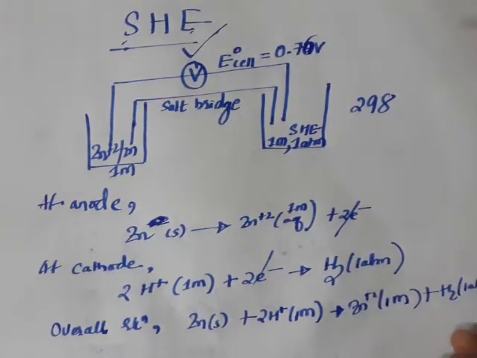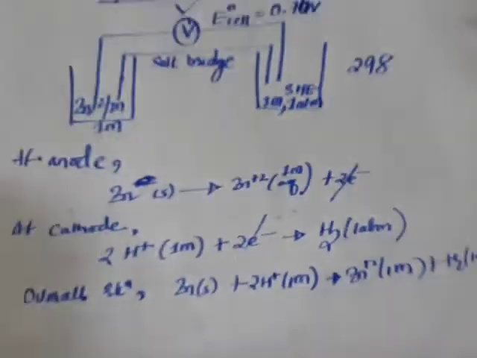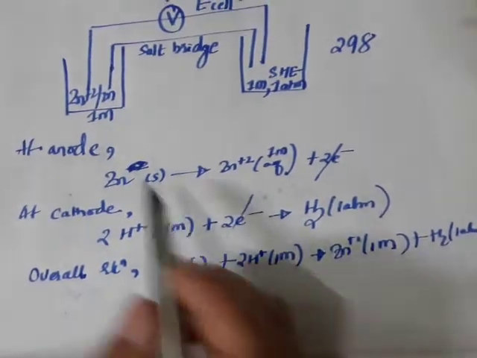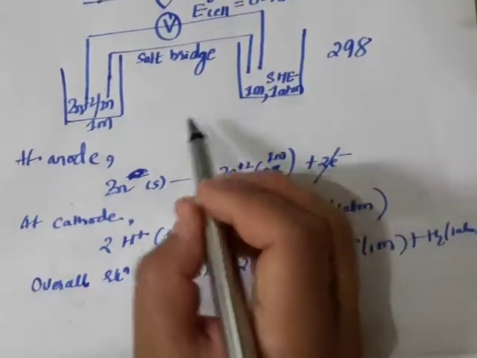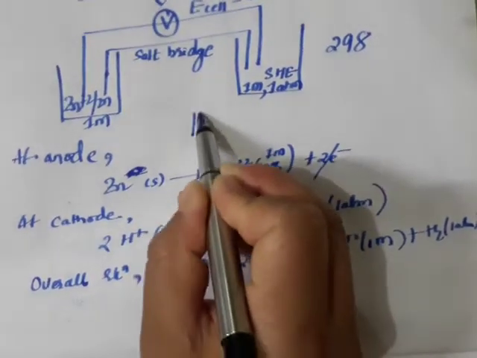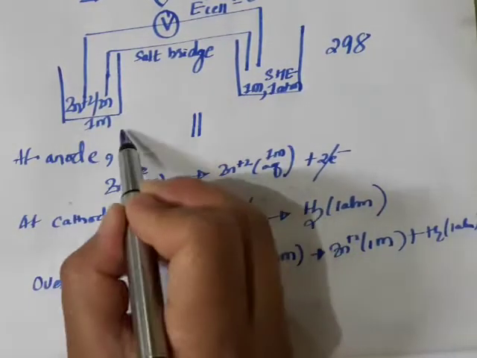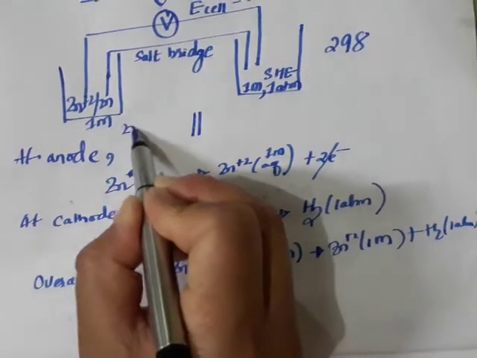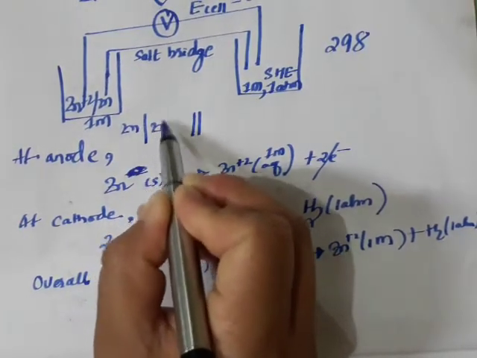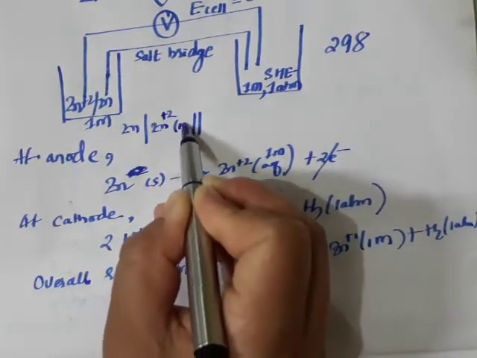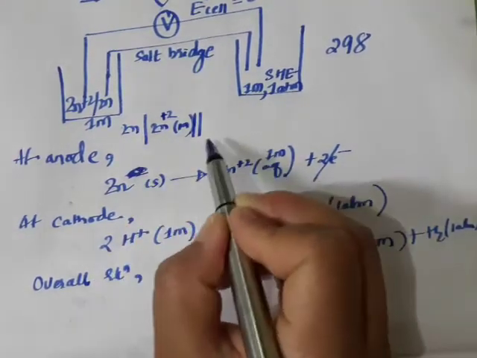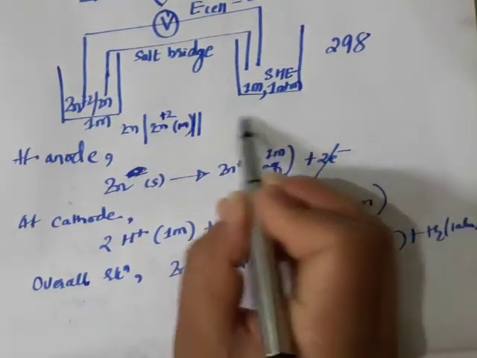Now the representation of this cell. Whenever a cell is represented, how do we write it? There is the salt bridge. On the left side we write the anode. At the anode, the change is from zinc to zinc ion, which is 1 molar. And the cathode we write on the other side, the right side.